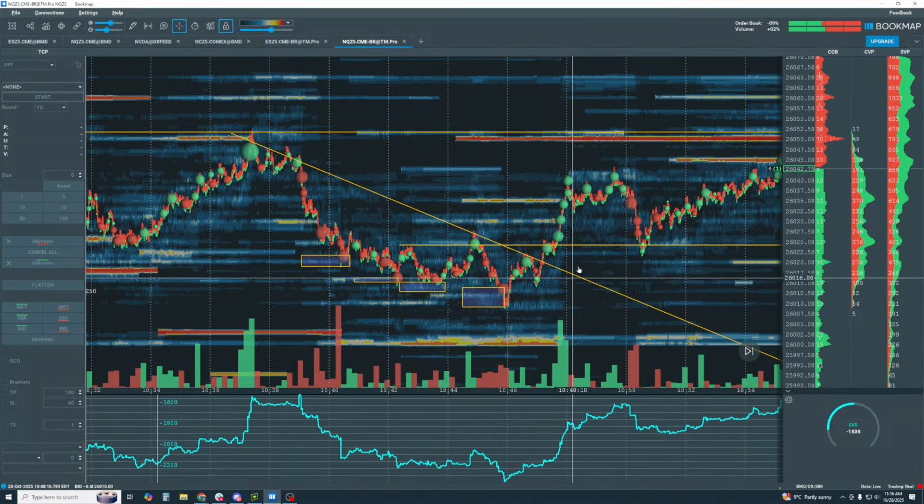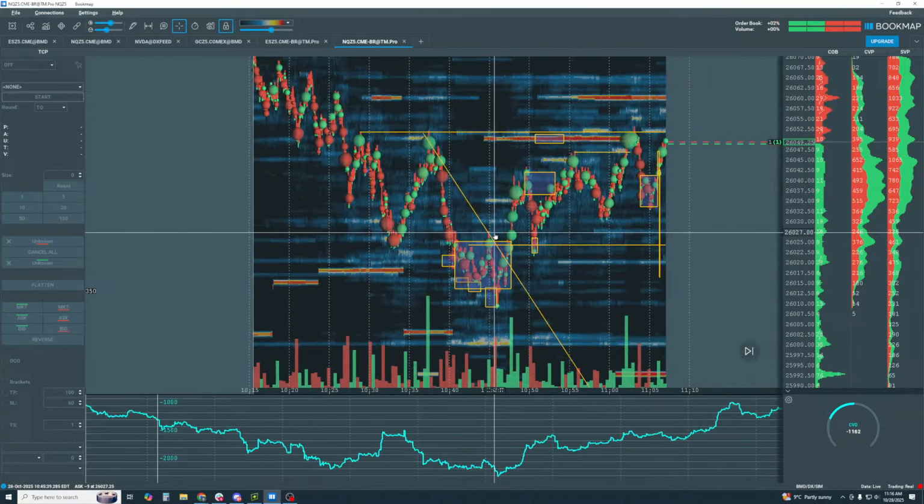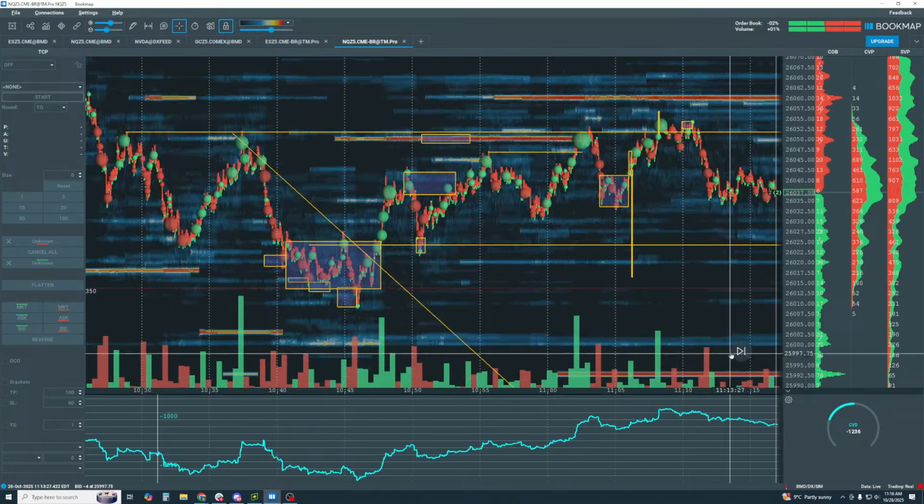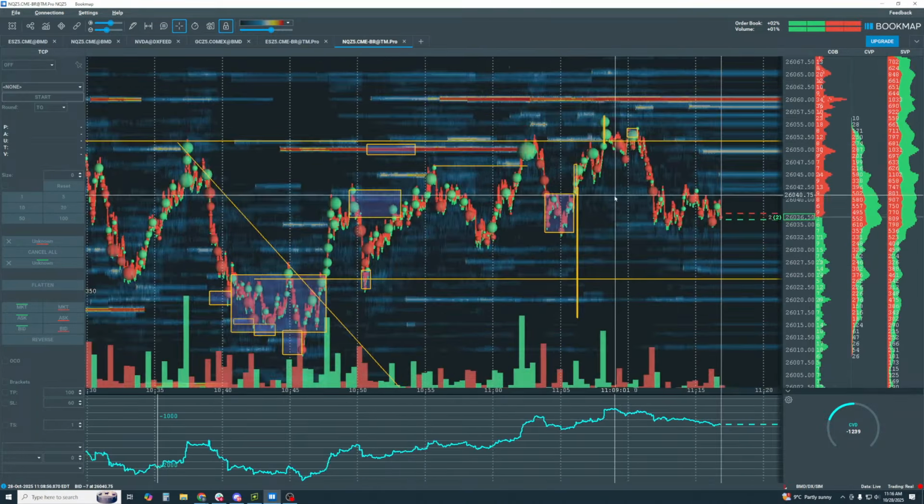Okay, it did not come back into an accept. It rejected and it came back up, and you look for it to come back up into this one or potentially up into the high of the bigger range here. Okay, and it eventually did. Is that making sense? I mean, it's all in here.